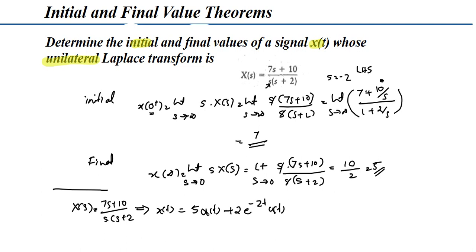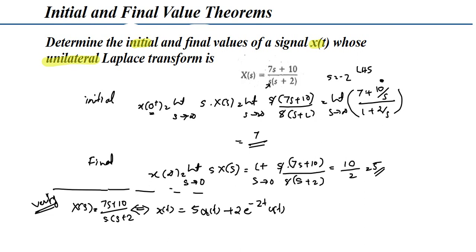So x of s is the transform of the signal x of t. We can find the answer up to the previous point, the initial value and final value. Now we can simply verify this result, only to make sure that we get the same answer in the time domain also. It's not needed from an exam point of view. In the exam, you can conclude up to the previous point.